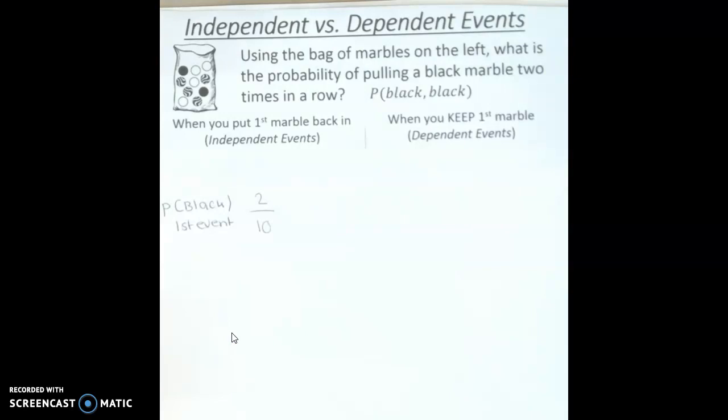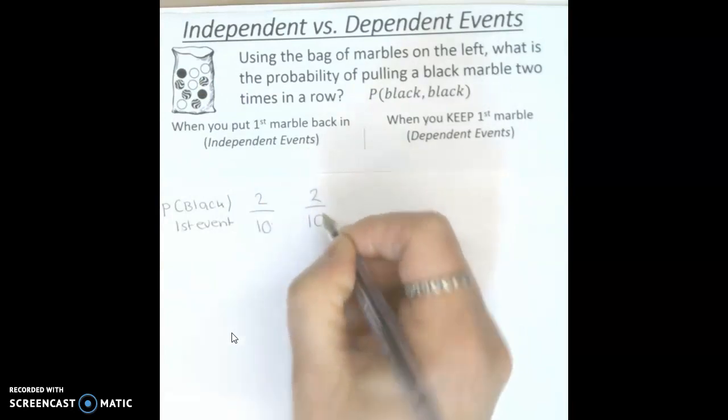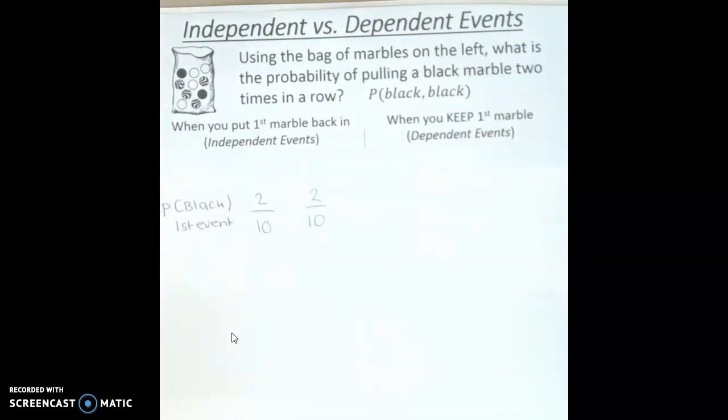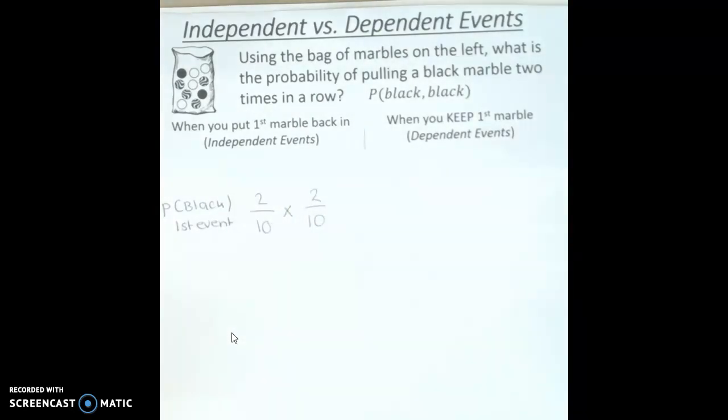And we're going to put this marble back in the bag. So we're going to replace it. So replacement is key. We're putting the marble back into the bag. So if we put the marble back again, the probability of picking out another black marble is still 2 out of 10. And because we want a black marble and a black marble, we're timesing it.